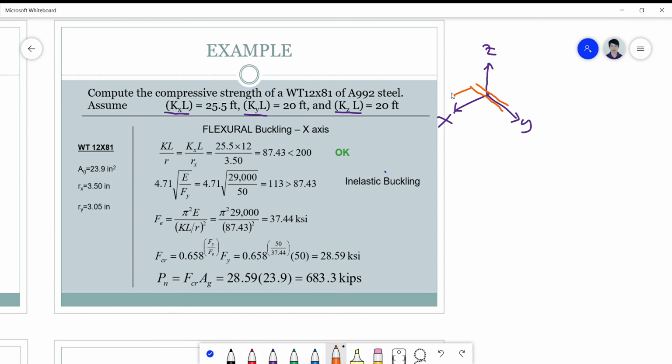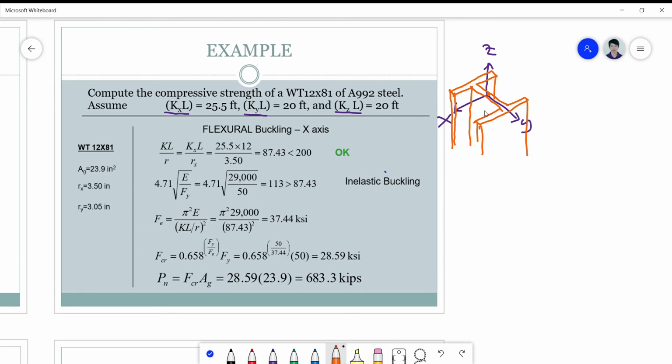Let's say I have here a wide flange section. So more or less the orientation of X, Y, and Z is originated at the centroidal axis of the member. So this is your column.